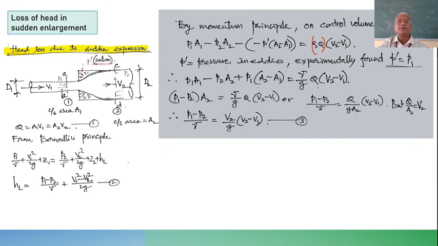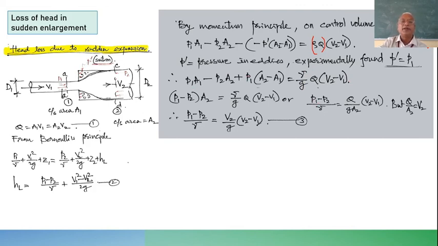Now P dashed, the pressure in eddies, is experimentally found to be equal to P1 itself. Because of that, you substitute P1 for it, hence it becomes P1 A1 minus P2 A2 plus P1 A2 minus A1 equals gamma by g into Q into V2 minus V1.